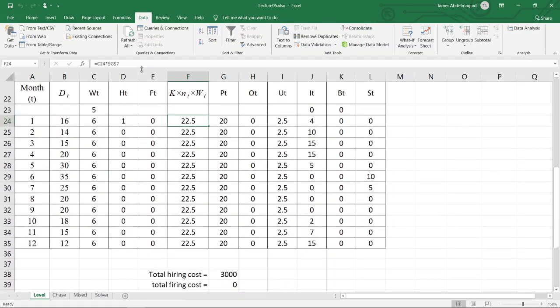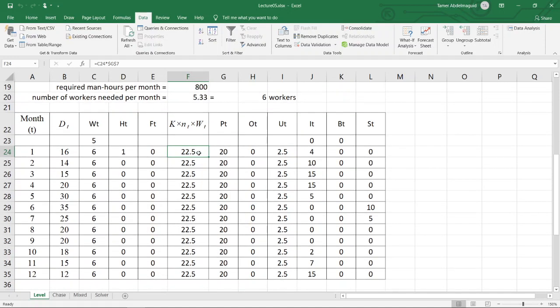When we multiply 3.75 by the number of workers in a given period, this will give us the total number of aggregate units that we can produce in that month. That's the production capacity. Now, this number does not have to be an integer. Remember, after all, we are talking about aggregate units of production, which may not be integers. So that's exactly the total quantity that we can produce in regular time production.